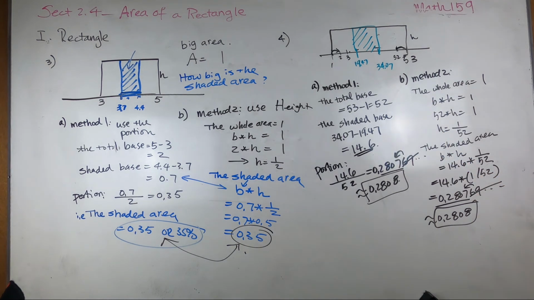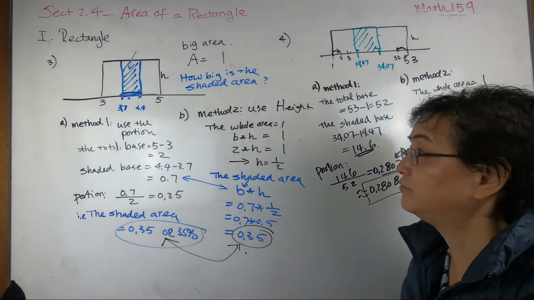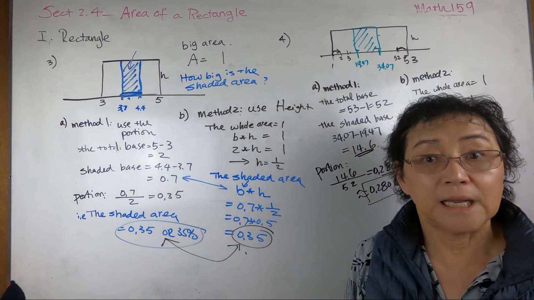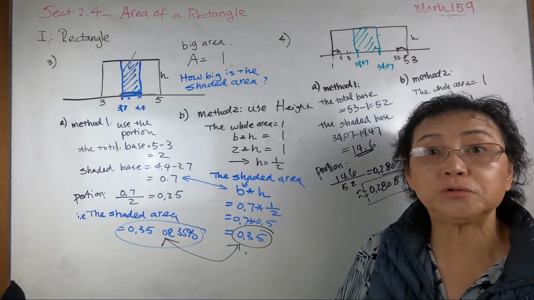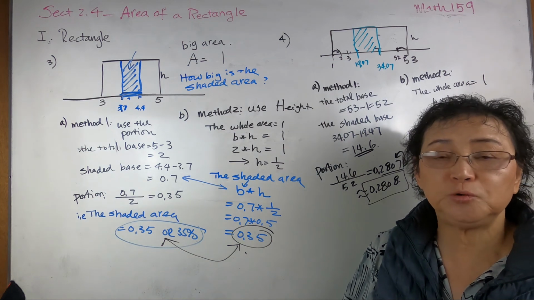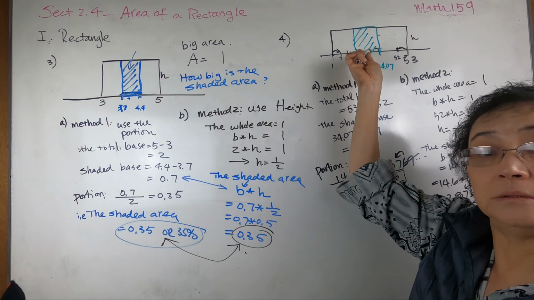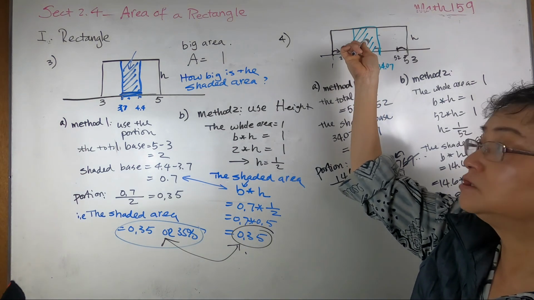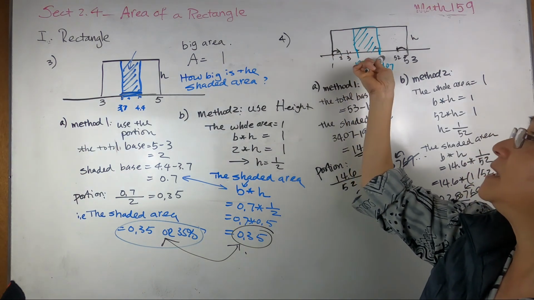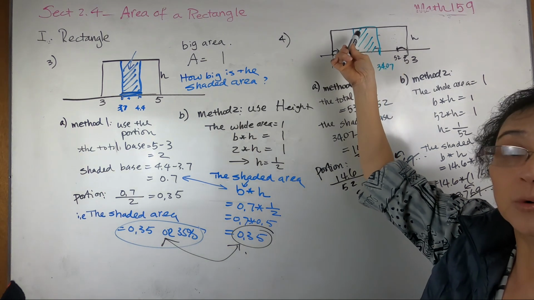Okay, that's on your page 21 for example 4. Got an idea how we use the uniform distribution to find the possible shaded area, compared to the whole thing, 1?